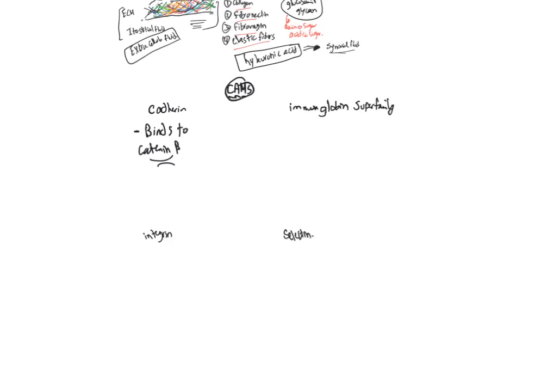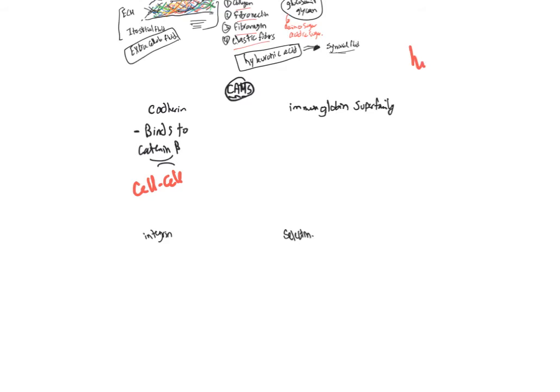So instead of being degraded, it keeps escaping from the proteasome, and it keeps the cells proliferating. So, this is why the cells keep dividing over and over. And it's also very important for cell to cell adhesion. Yeah, and there are two types.